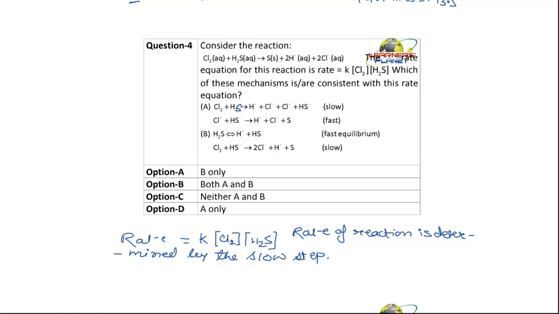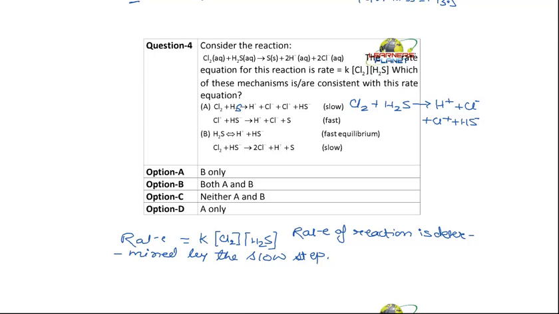In which slow step both the reactants are there? In this step, right? Actually, I'll write it a bit clearly over here, students. It is Cl2 plus H2S gives H plus plus Cl minus plus Cl plus plus HS minus, right? So in this slow step both the reactants are there, right?